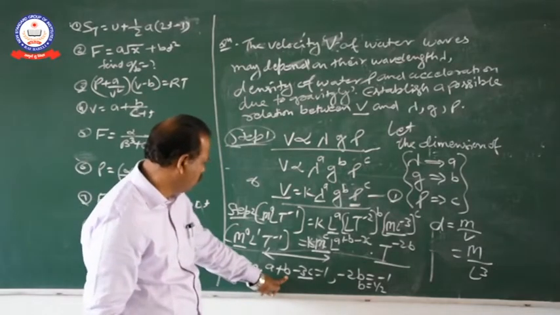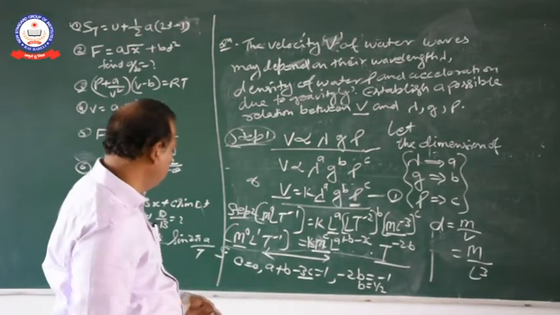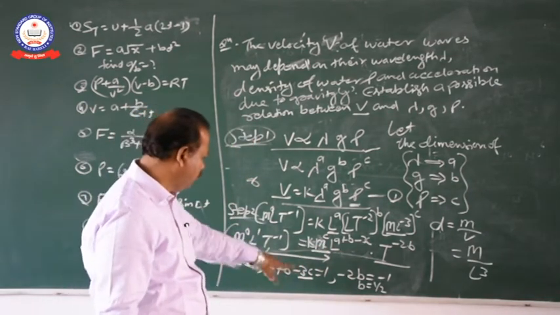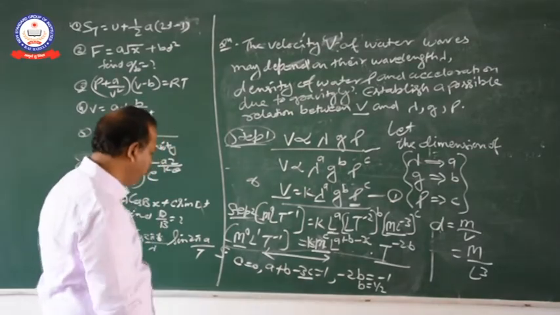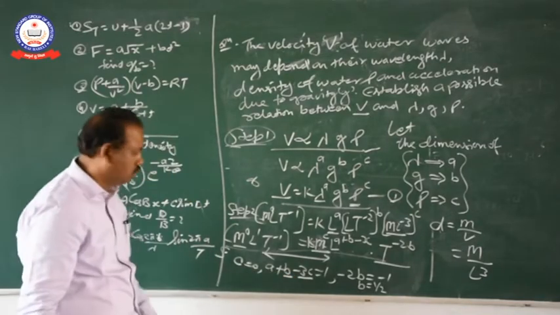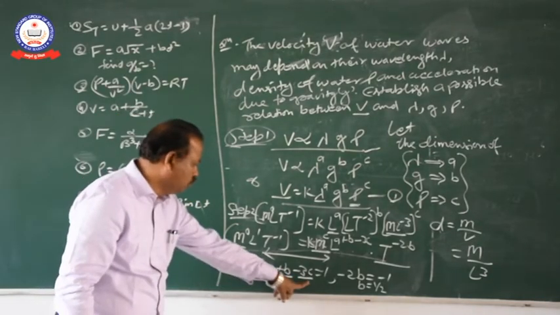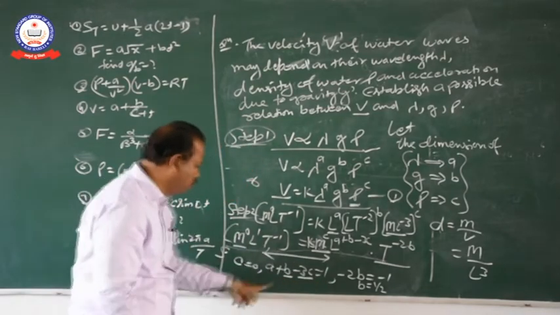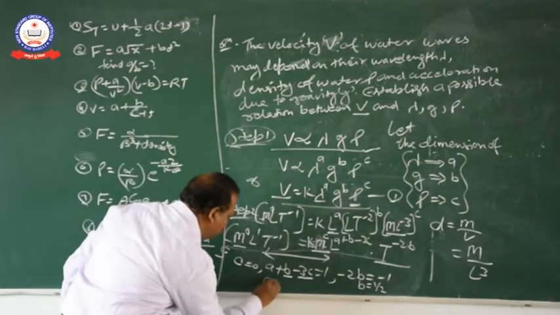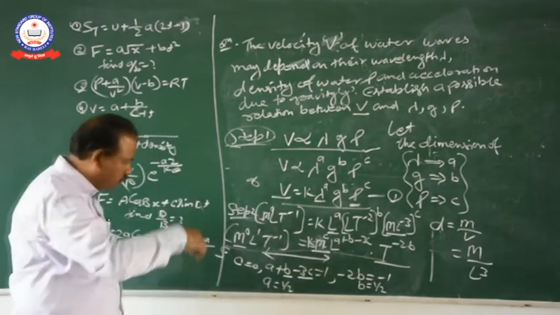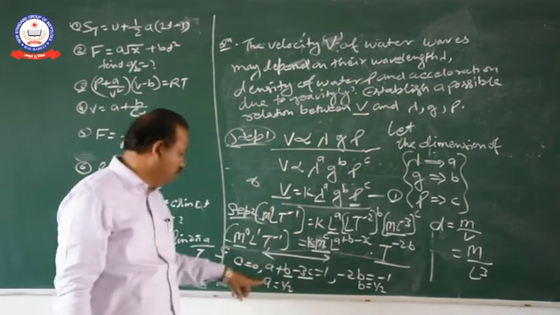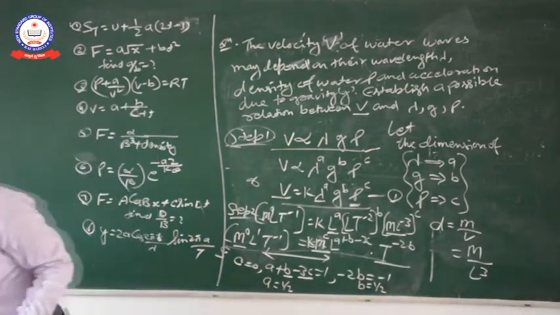A plus B minus 3C is equal to 1, so A plus 1 by 2 is equal to 1. So A is equal to 1 by 2, B is equal to 1 by 2, and C is equal to 0.